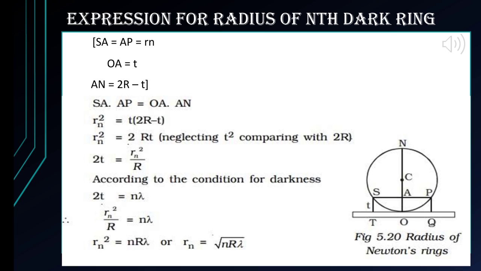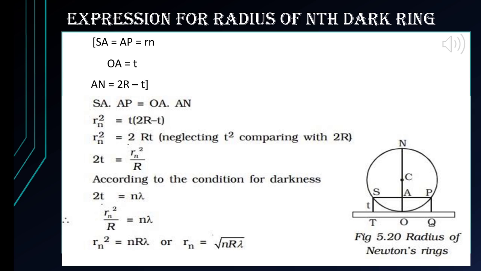Here we are neglecting t square because compared with 2R it is so small. So r square n becomes 2Rt. If I send R to the left side, 2t is equal to r square n by capital R. According to the condition for darkness, it should be equal to n lambda.